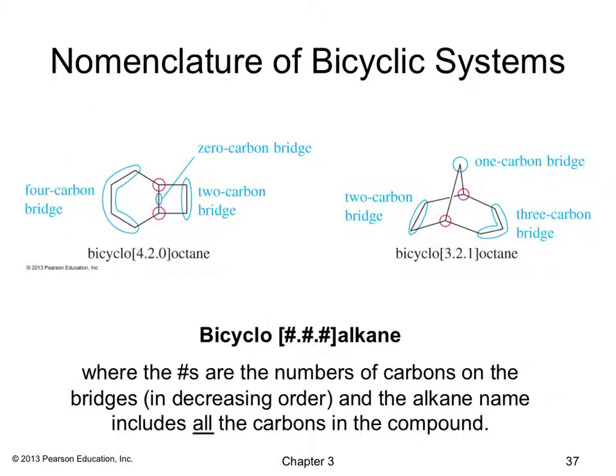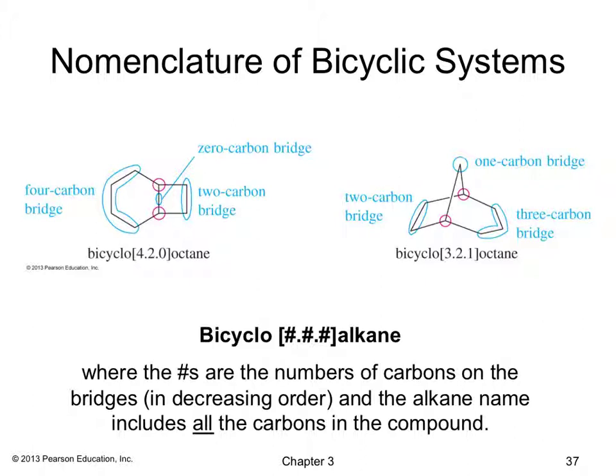Now, in terms of naming the bicyclic systems, you have the prefix bicyclo, and then in brackets number dot number dot number, and then whatever the alkane is. The alkane is the total number of carbons within the cyclic system. So for naming this, for example, this is 1, 2, 3, 4, 5, 6, 7, 8. So that would be an octane, and bicyclo is the prefix.